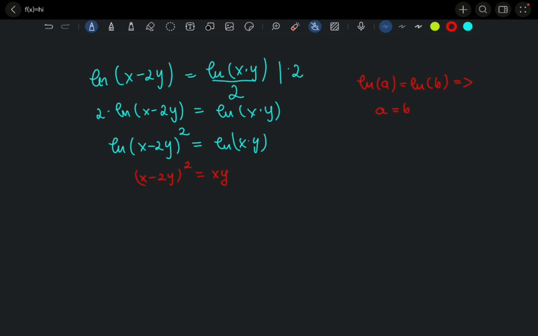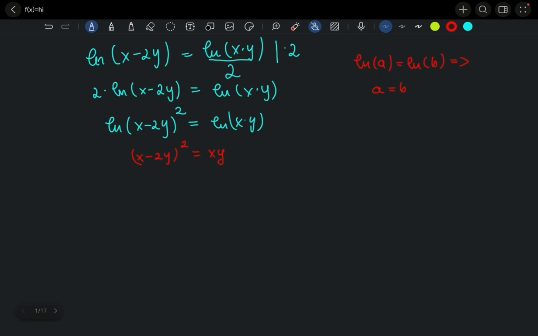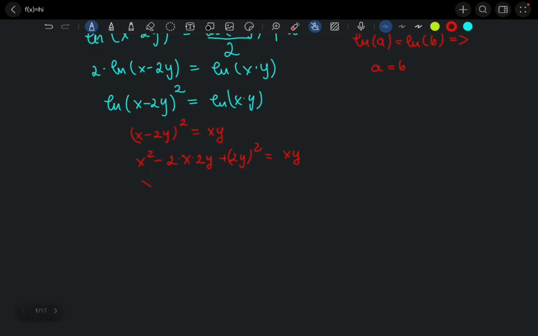Now x minus 2y squared is equal to x squared minus 2 times x times 2y plus 2y all squared, and this is equal to x times y. By simplifying it even more, we get x squared minus 4xy plus 4y squared equal to x times y.